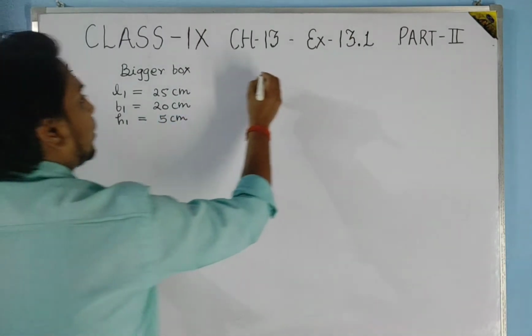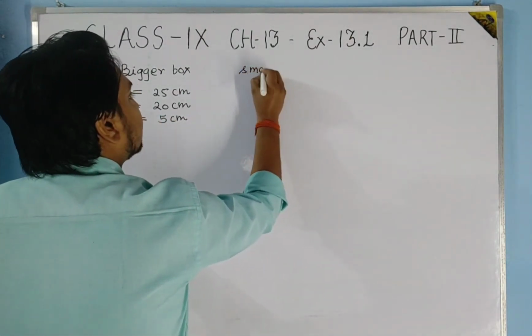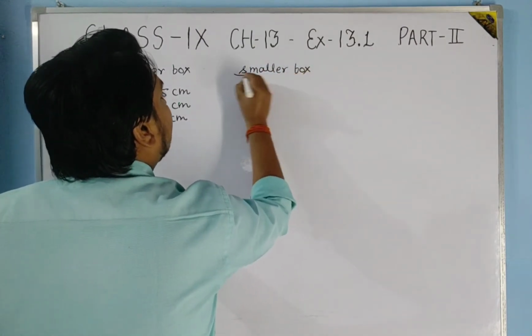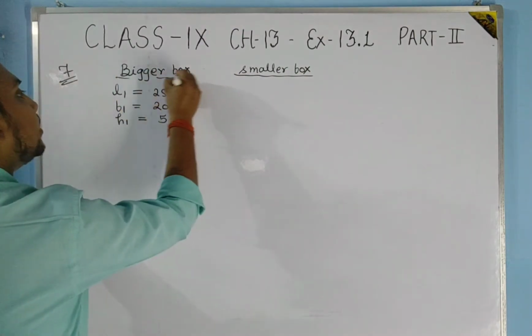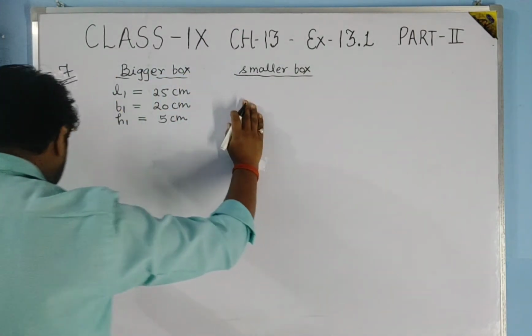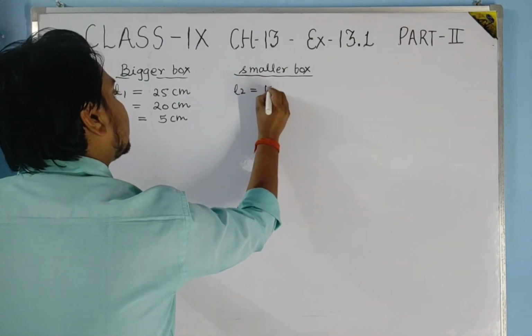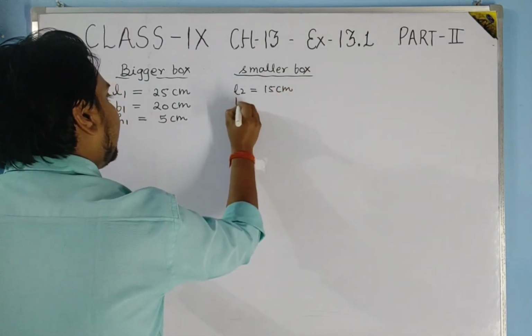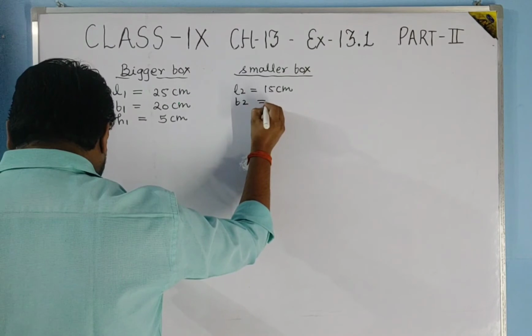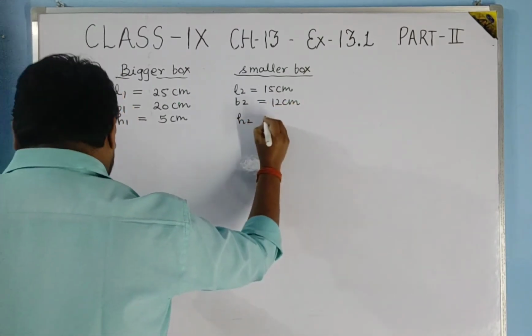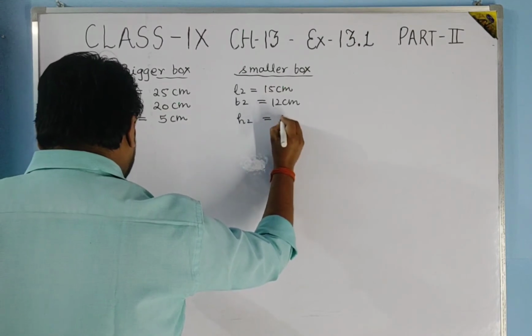And a smaller box. Two sizes of boxes are there, one bigger and one smaller. The smaller will have length L2 as 15 centimeter, breadth B2 as 12 centimeter, and height H2 as 5 centimeter.